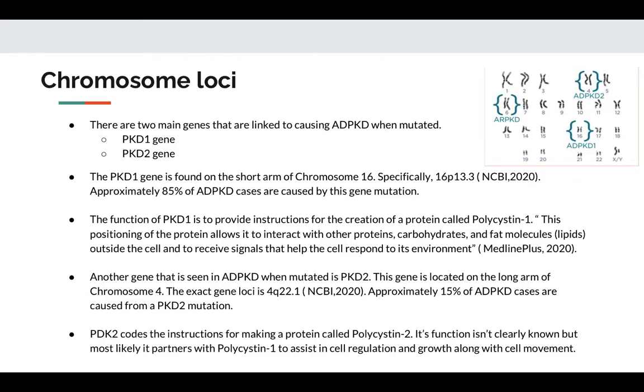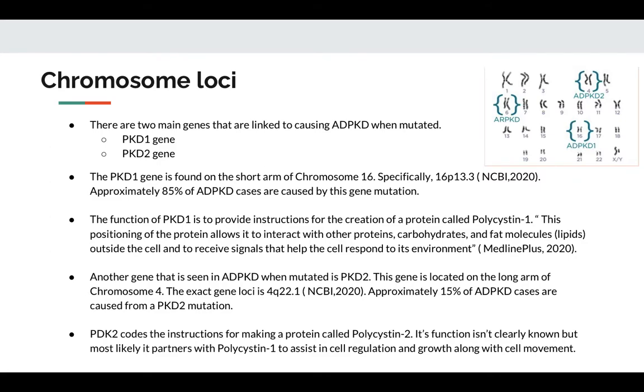So approximately 85% of ADPKD cases are caused by this gene mutation. And the function of this PKD1 gene is to provide instructions for the creation of a protein called polycystin 1. And this protein positions itself to interact with other proteins, carbs, and fat molecules outside of the cells.